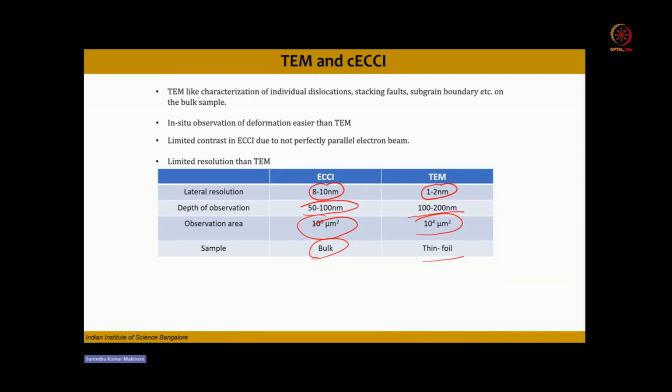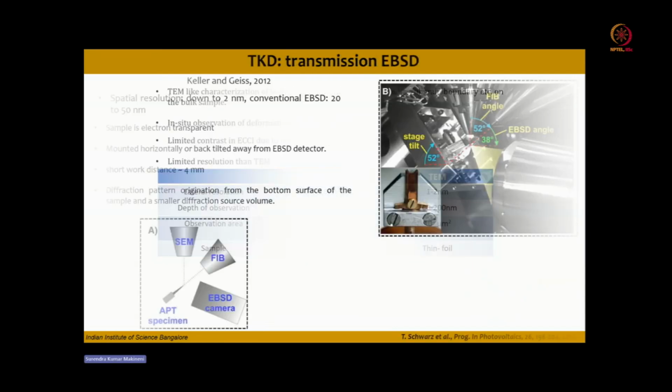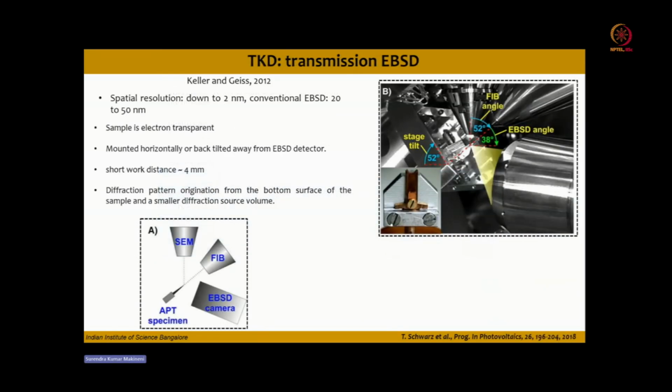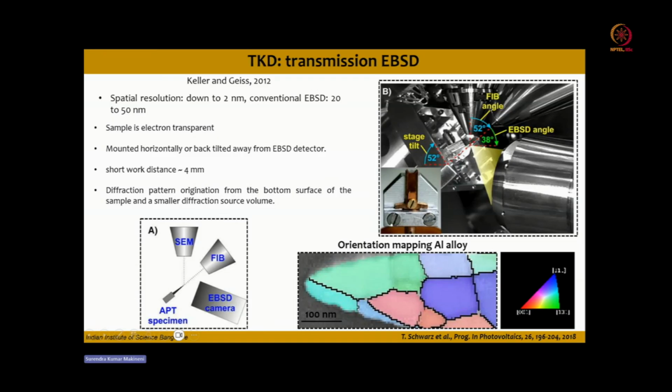Now, similarly for thin foils, you can also do transmission Kikuchi in the SEM, which is called transmission Kikuchi diffraction. Okay, so this is for thin foils. This was first proposed by Keller and Geiss in 2012. Usually what you do is you prepare a TEM sample and load it on a special holder, correct?